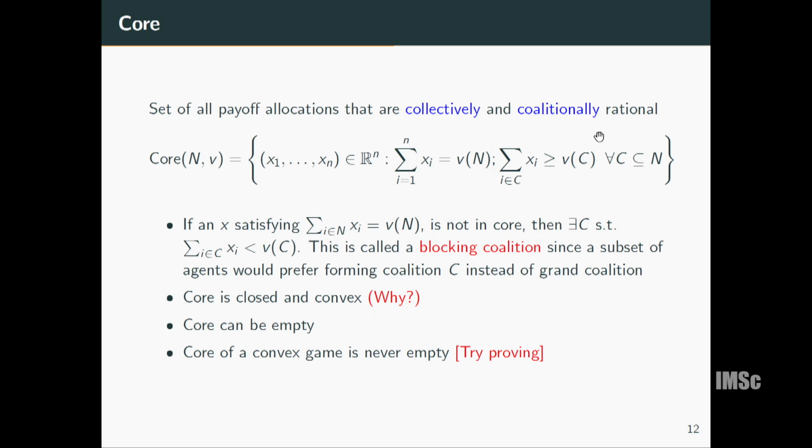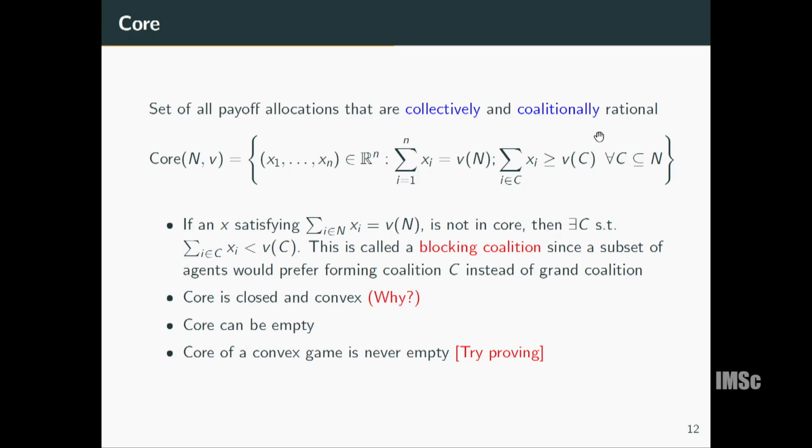So when majority voting, you wanted x1, x2, x3. So basically the equations that you will get are: x1 plus x2 should be greater than or equal to 300, x2 plus x3 should be greater than or equal to 300, x1 plus x3 is greater than or equal to 300. None of the payoffs will satisfy those properties, and you also want x1 plus x2 plus x3 equals 300.